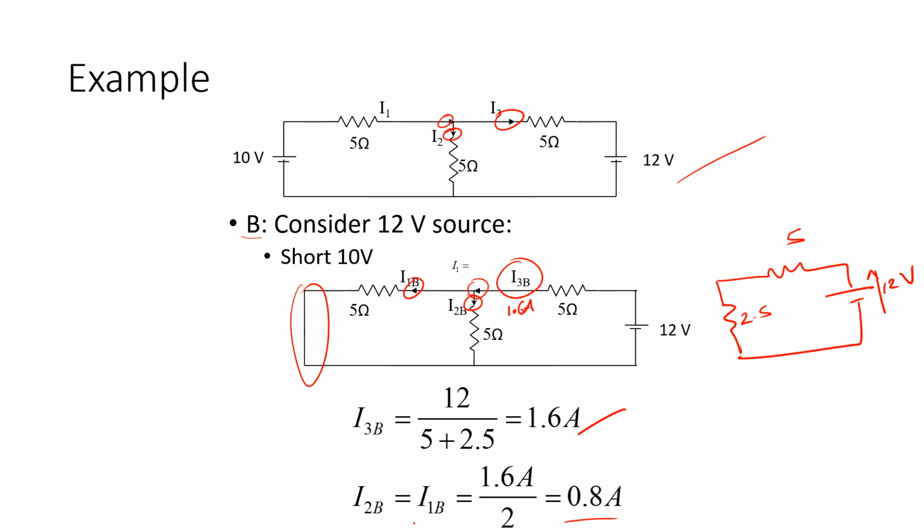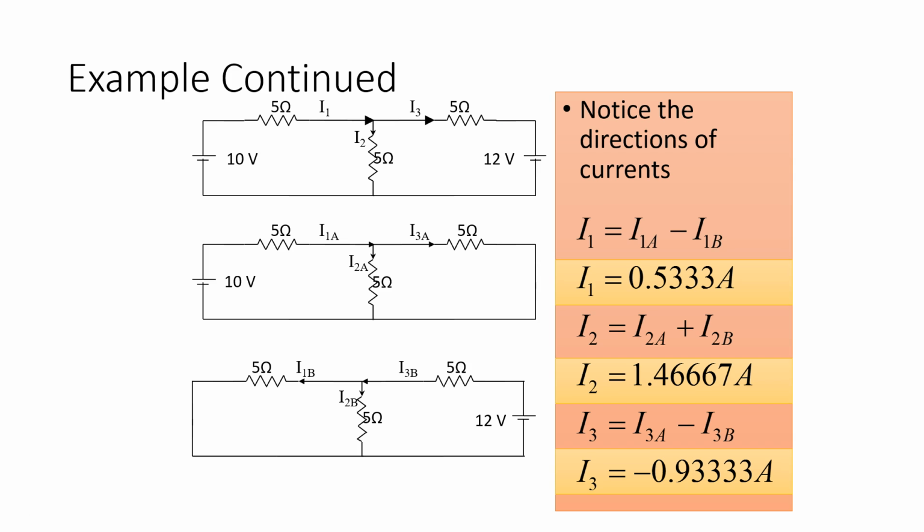So these are the two sources, and I did them one by one, and now I have to combine the results. So I have my original circuit here at the top, then I have circuit A, and I have circuit B. So notice the direction of I1 here. I1 is going in this direction.